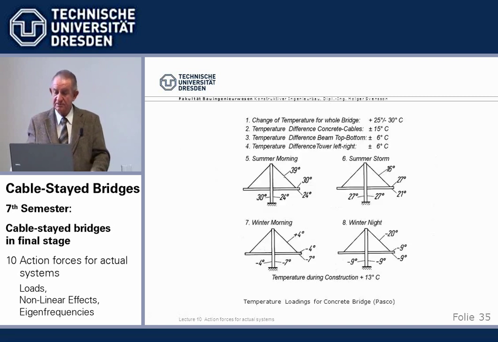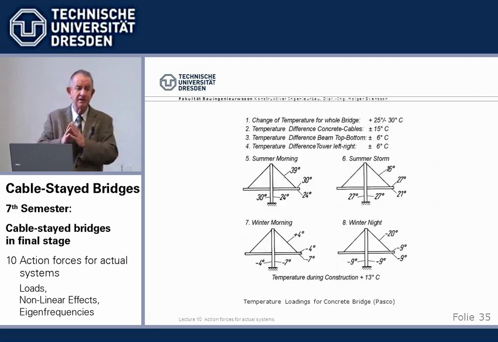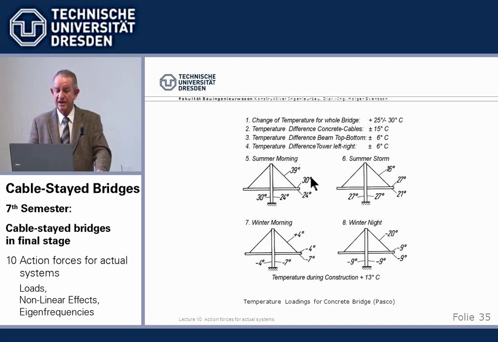And now another loading, temperature, transient load, of course, on the elastic system. And there I have used a concrete bridge. In the scripts are steel bridges also. And typical loadings are the overall change of temperature.